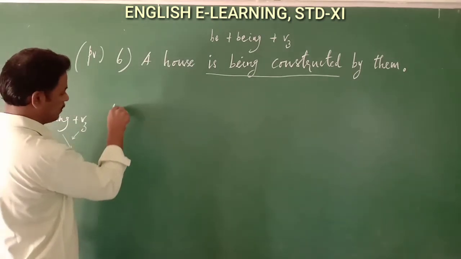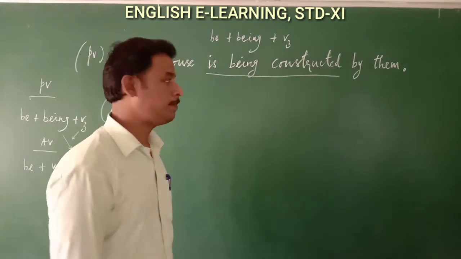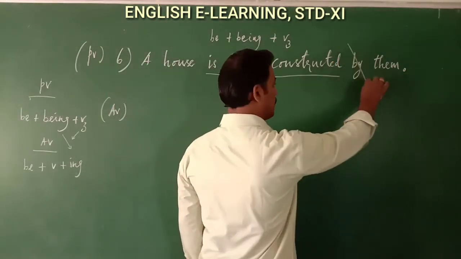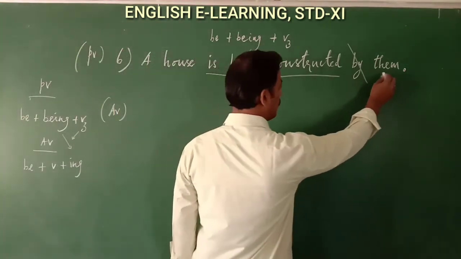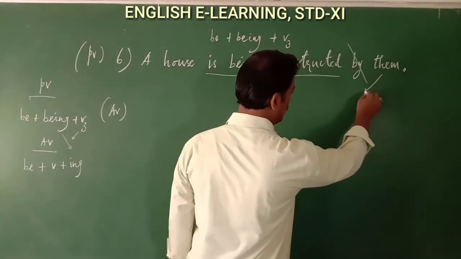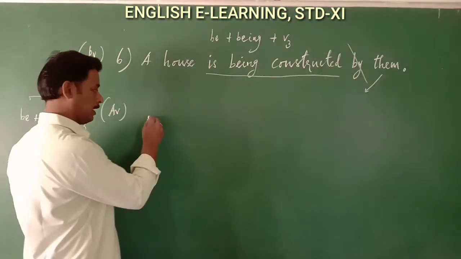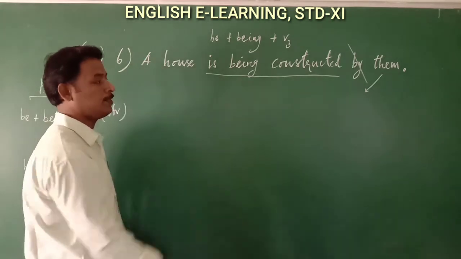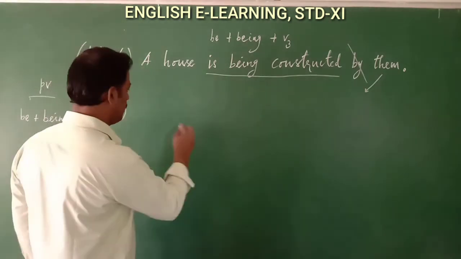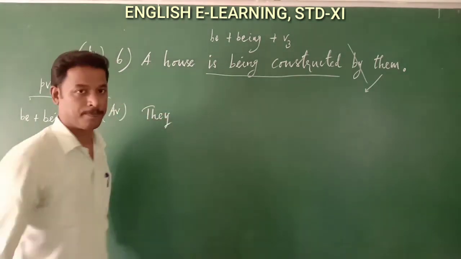The active voice for this sentence is, first step, we have to remove the preposition by. And then the object of the sentence, them, should be placed at the beginning of this sentence, and the pronoun must be changed according to the usage. Them should be changed as they.